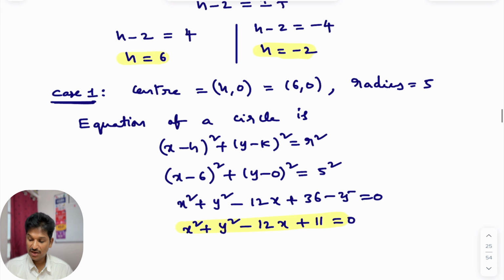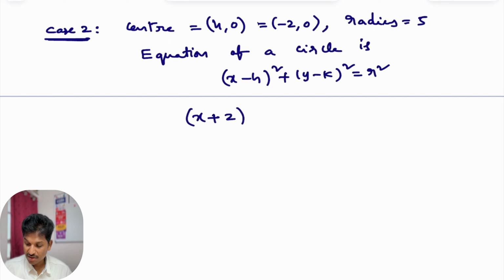As we got two h values, we'll get one more case. As we got h value minus 2, another center is minus 2, 0, radius is 5. Now substitute these values in this equation. x minus h, minus of minus, plus 2, so x plus 2 whole square plus y minus 0 whole square equal to r square. Expand this and simplify.